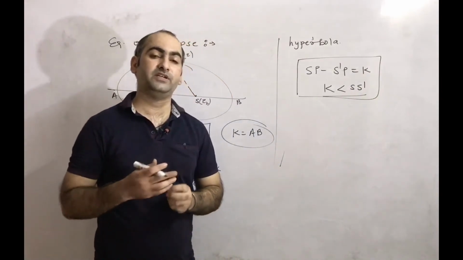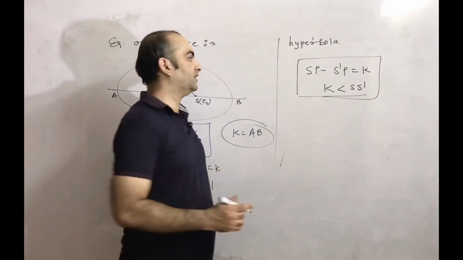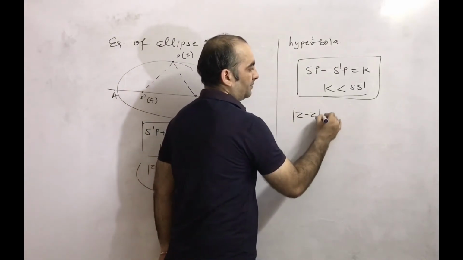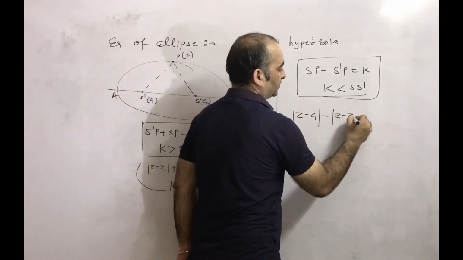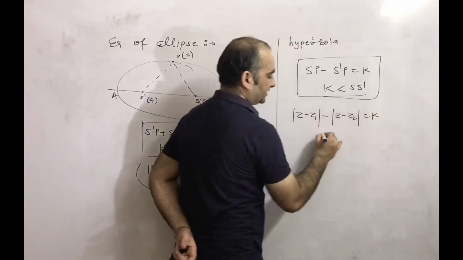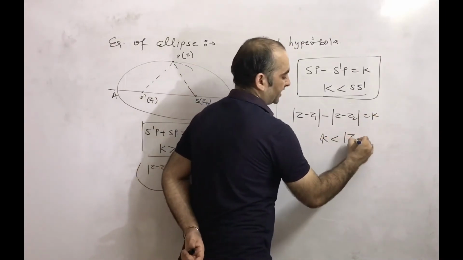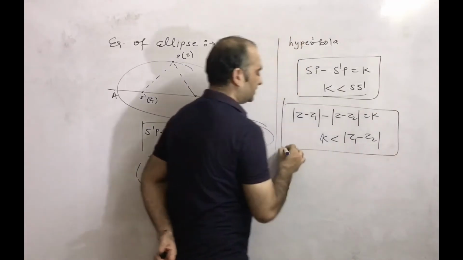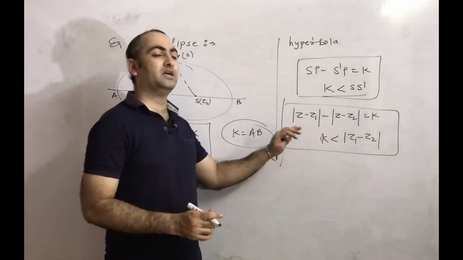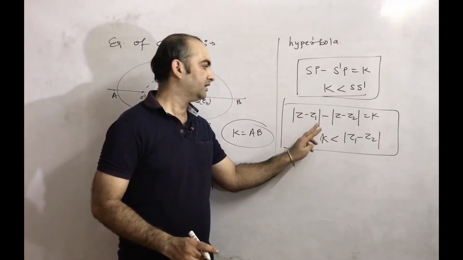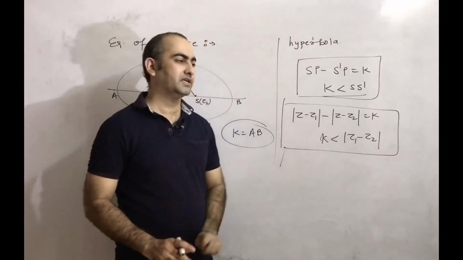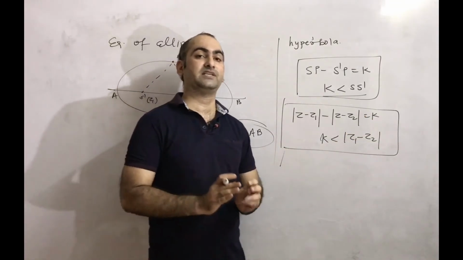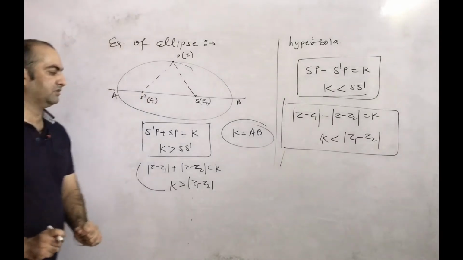If you convert this into complex form, this will come: modulus of z minus z1 minus modulus of z minus z2 equal to k, and k is less than modulus of z1 minus z2. If it follows this condition, we can say that this equation represents a hyperbola where z1 and z2 are the foci and k is the length of the transverse axis.